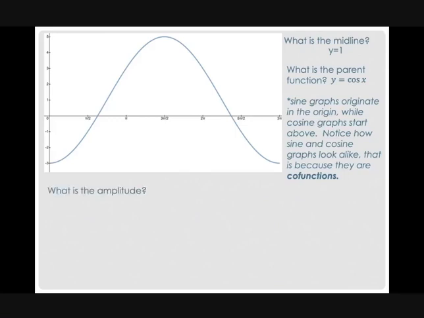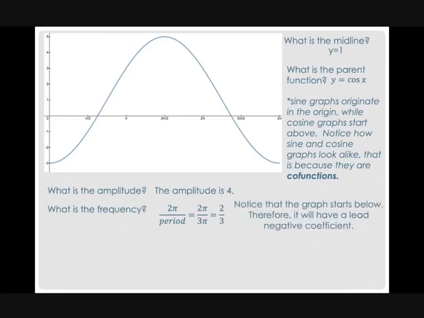So what would be the amplitude? Well, the amplitude here is 4. And what is the frequency? Well, if we have a period that's 3 pi, the frequency would be 2 pi divided by 3 pi, which is 2/3. And again, notice that this is negative, so it's flipped down.